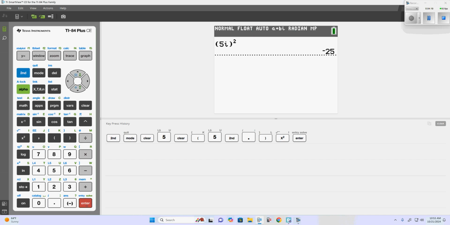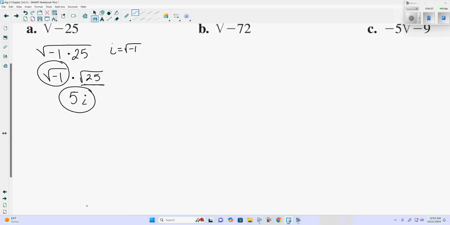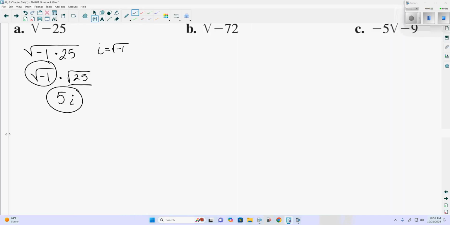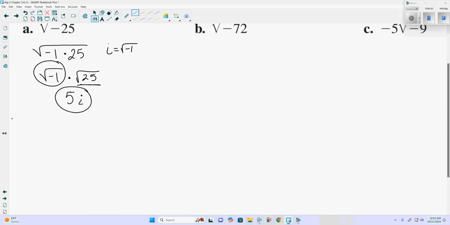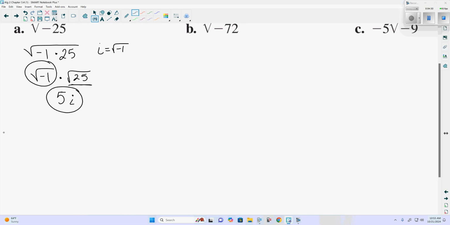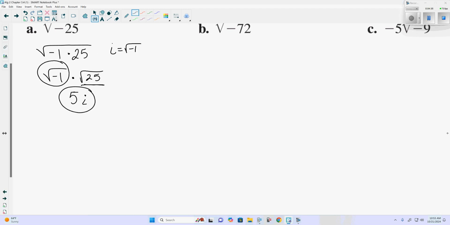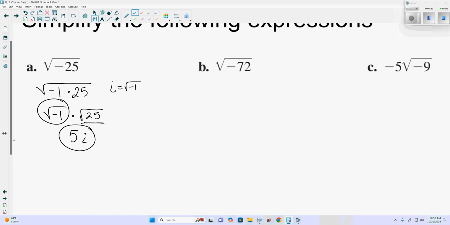Need a note sheet. So, the square root of negative 25 is 5i. Questions on this so far? Are you ready for the next one?